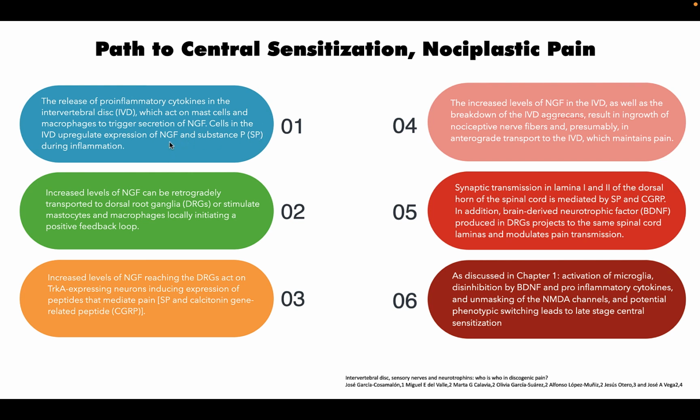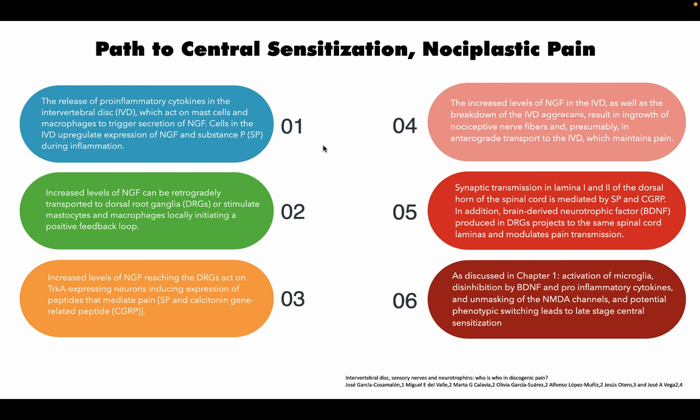As we saw, painful degenerative discs seem to have upregulated nerve growth factor and substance P. Second, increased levels of nerve growth factor are retrogradely transported to the DRG or stimulate mast cells and macrophages locally, initiating a positive feedback loop. Number 3, increased levels of nerve growth factor reach the DRG and act on the TrkA-expressing neurons, which are the peptidergic neurons, inducing expression of peptides that mediate pain.